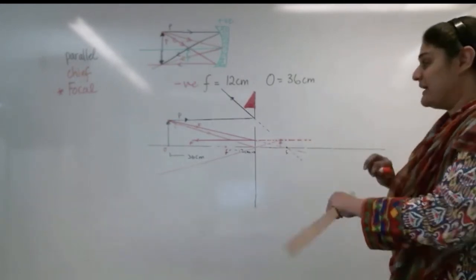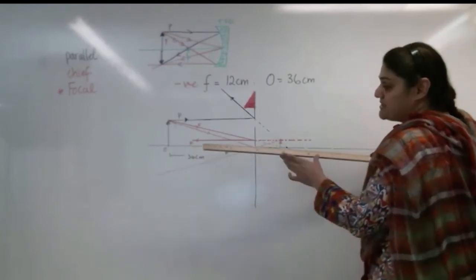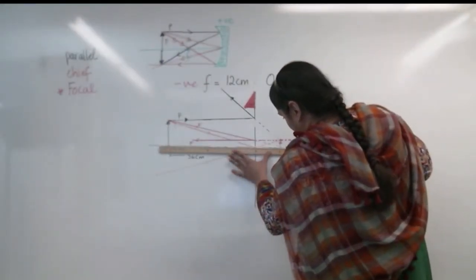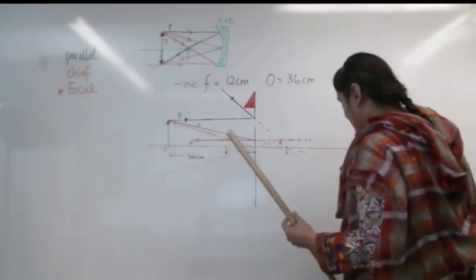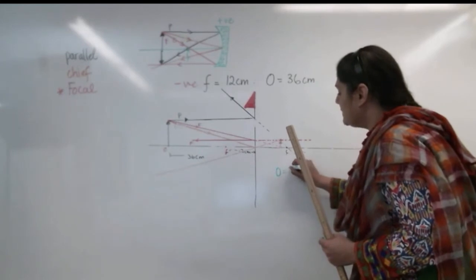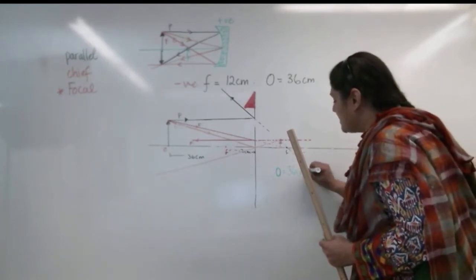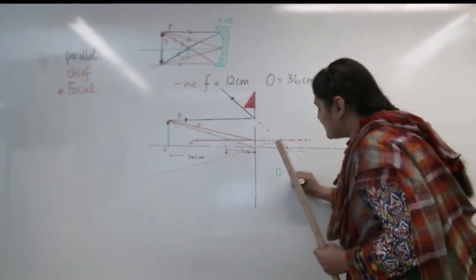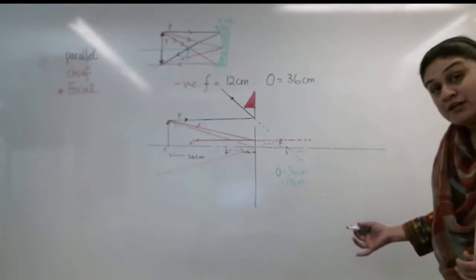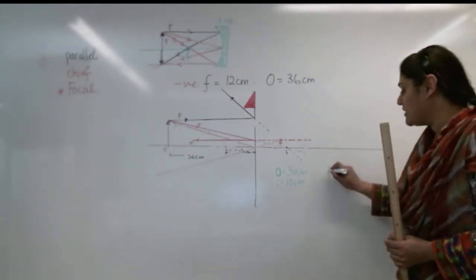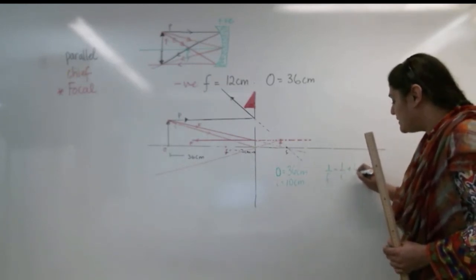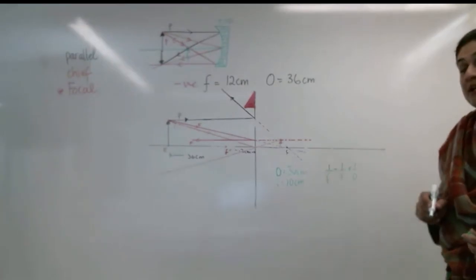Okay, now let's figure out what the image distance is going to be. Okay, so my image distance is about 10. So my object distance for this one was 36 centimeters, and my image distance is 10 centimeters. Again, to confirm whether your image was correct or not, you are going to use the mirror equation.